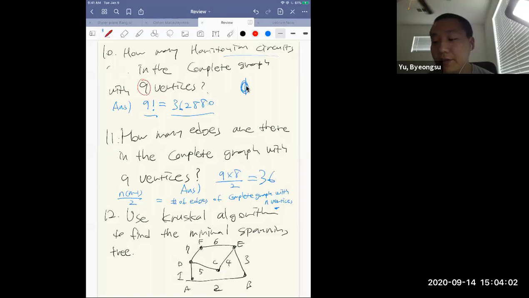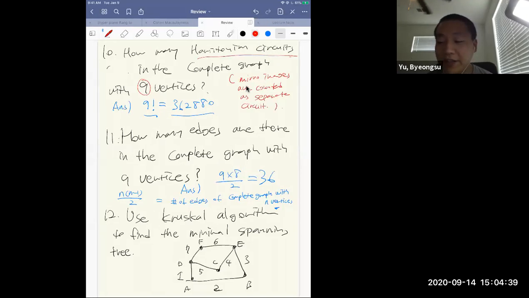And I just want to note that if I ask you how many Hamiltonian circuits, it implicitly means that mirror images are also counted as separate circuits.